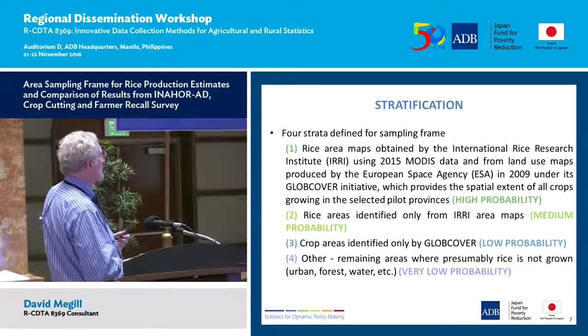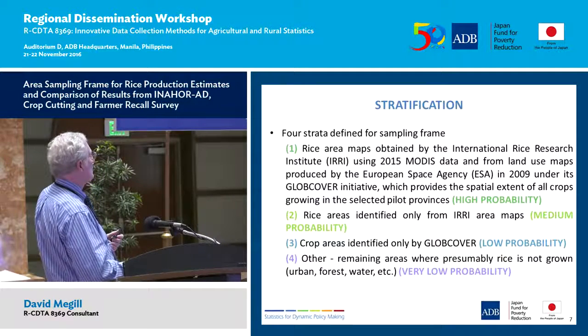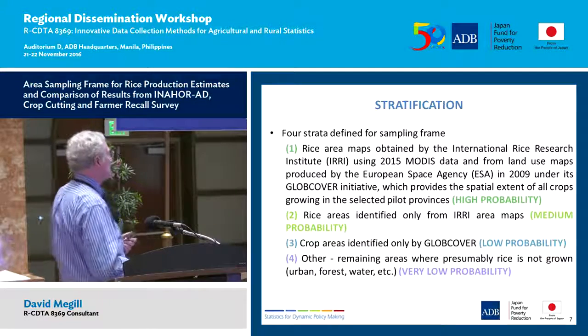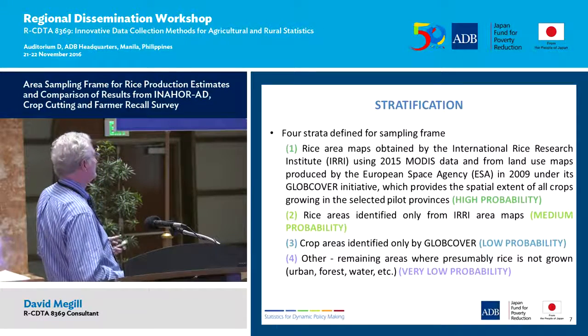They were able to divide the whole area of each of the 4 provinces into these 4 strata.